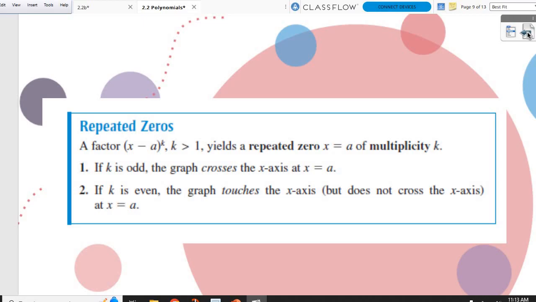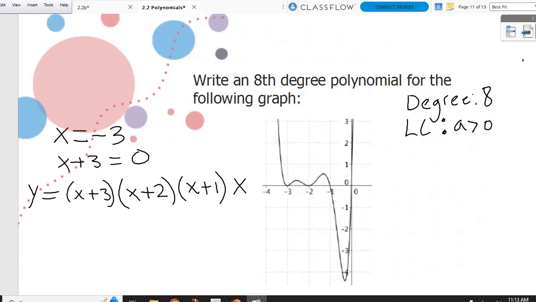But if it has an even degree on the outside, it touches it and then goes back up or goes back down, vice versa. So what do we know about -3 and -2? They can be even. So what are even numbers that we could use there? 2, okay. So we're going to put a 2 on the outside of both of those.